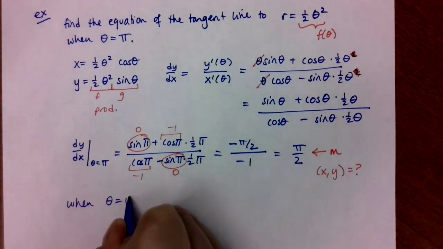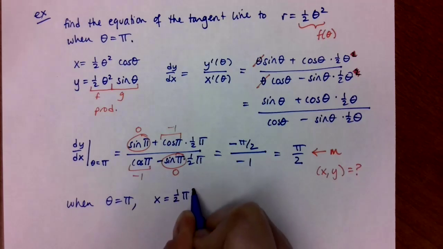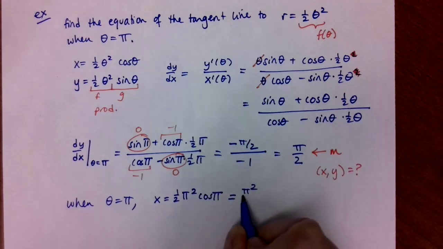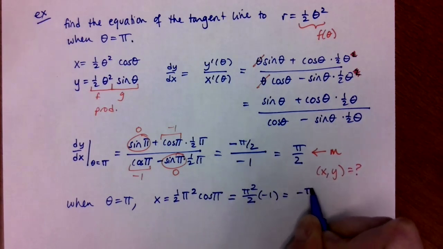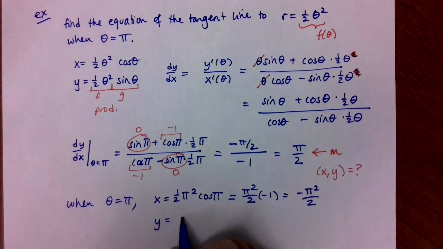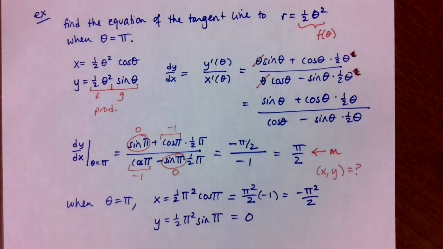So when theta equals pi, x is 1/2 theta squared cosine of theta. So that is pi squared over 2, and then cosine of pi is -1. Negative pi squared over 2. And then y will be 1/2 pi squared sine pi. And because sine of pi is 0, that puts me at 0.